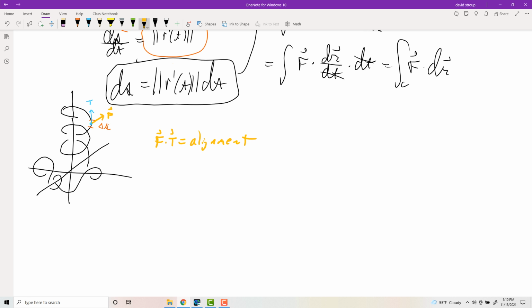Because remember, f dot t is equal to the magnitude of f times the magnitude of t times cosine theta. So the more aligned they are, the bigger that f dot t is going to be. And our integral is just adding up all of these f dot t things times the line segment length. And then when we take the limit as the line segment length goes to 0, we ended up with our vector version for the line integral.